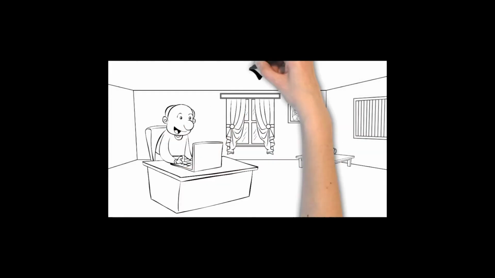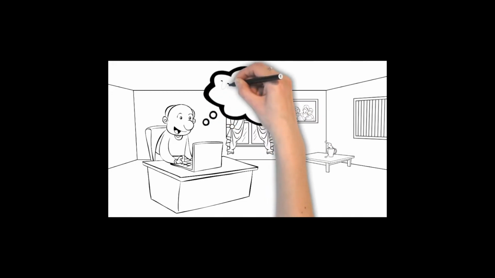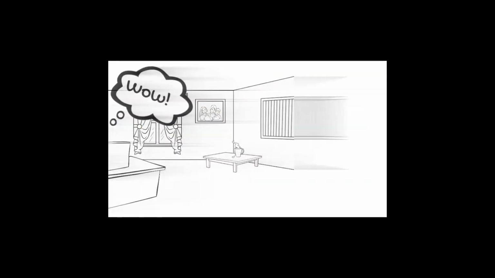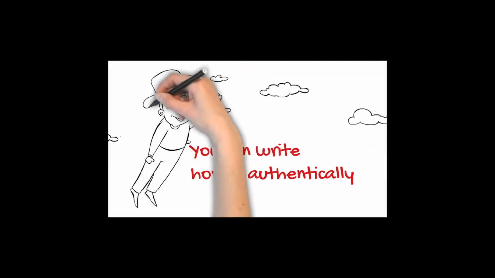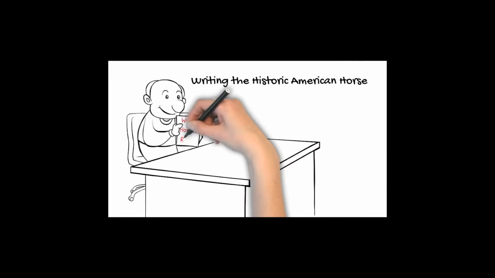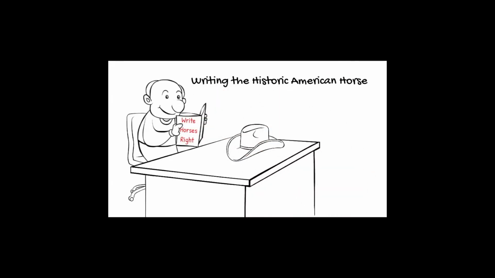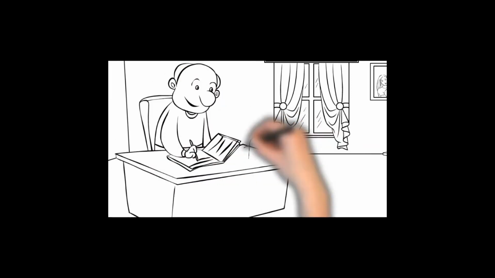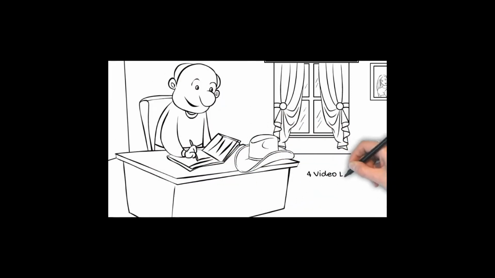Your historical fiction readers could live in the 38 million American households that have a horse lover in them. Amazing, right? You don't have to be horse fluent to write like a pro. Just 4 enjoyable lessons to get you started.